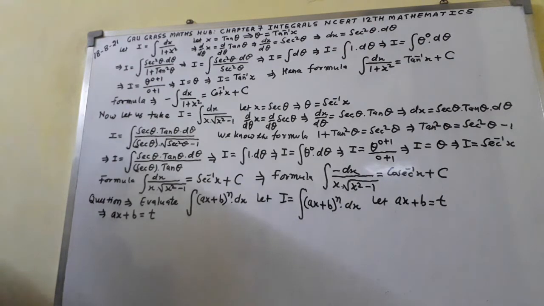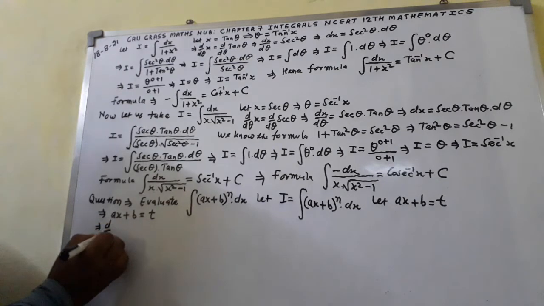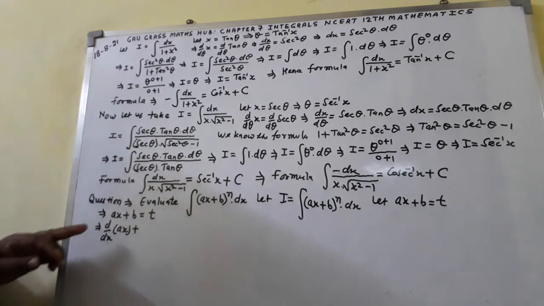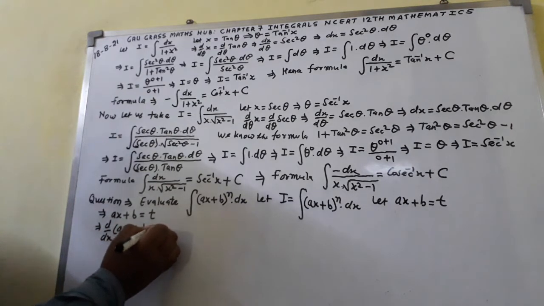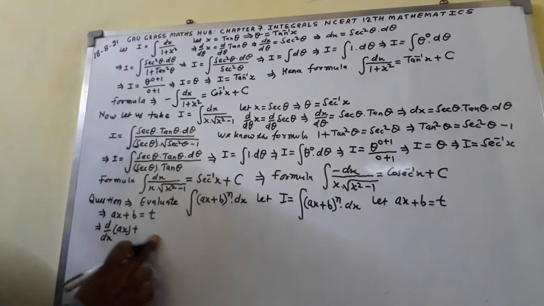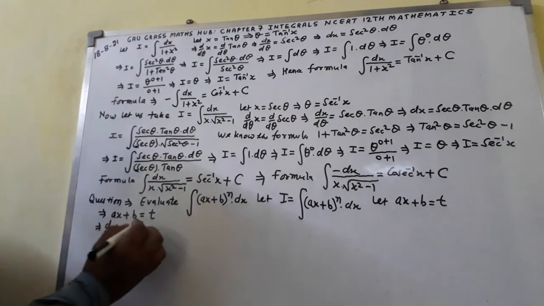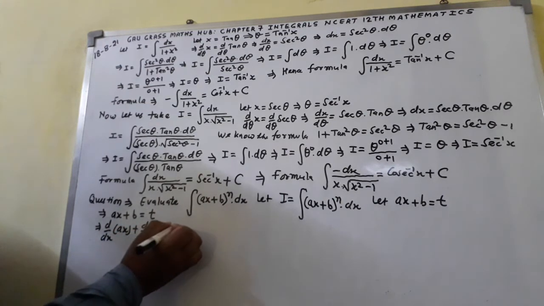d w.r.t. x. So here I shall write implied that d over dx of ax plus d over dx of b equal to d over dx of t.